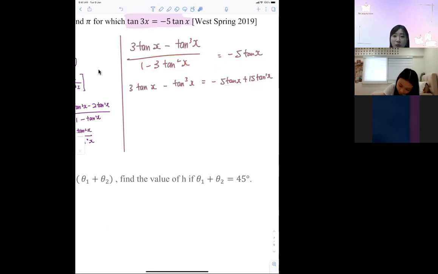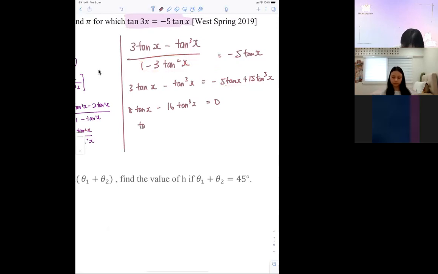Okay, same thing, everything bring one side. Sorry, this one I write properly. This is tangent cube x. Once you're done, everything bring one side equals to 0. 8 tangent x minus 16 tangent cube x equals to 0. Everything can divide by 8. You can divide by a number, but you cannot divide by x, cannot divide by trigo. So tangent x minus 2 tangent cube x equals to 0. Cannot divide by tangent, you can only factorize.